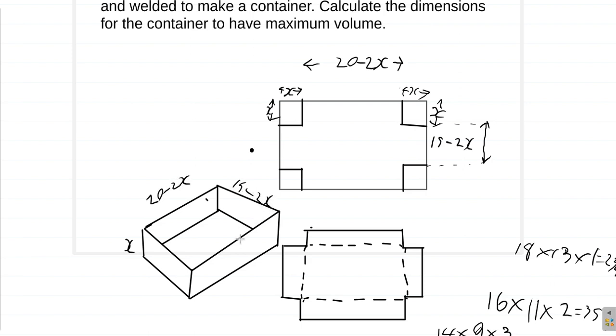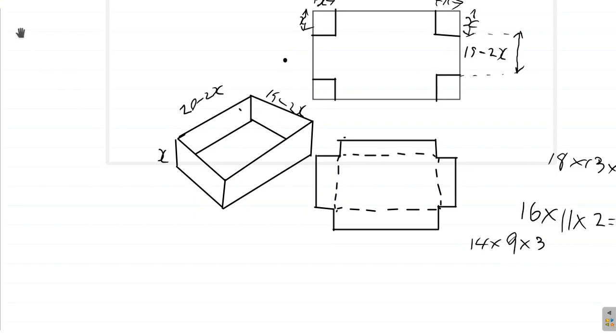You see that? Make sure you understand it. So here, the volume of the container would be x times 20 minus 2x times 15 minus 2x. You see that?